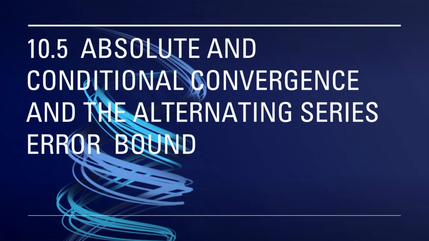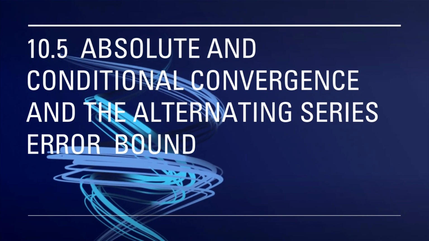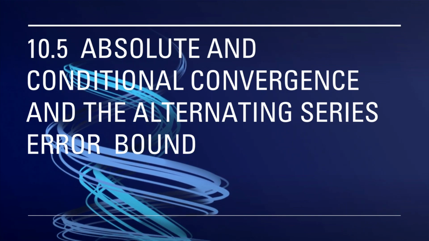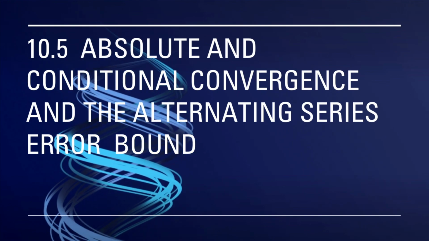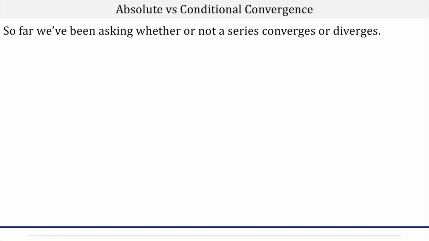And today we're talking about absolute and conditional convergence and the alternating series error bound. Well, what the heck are those? So far, we've been asking whether or not a series converges or diverges.